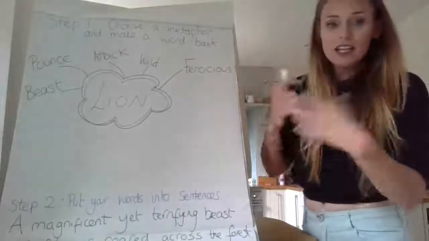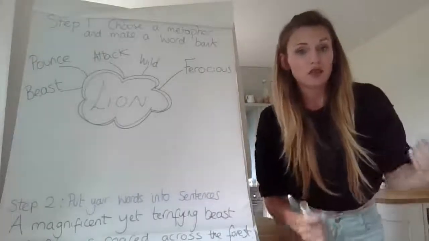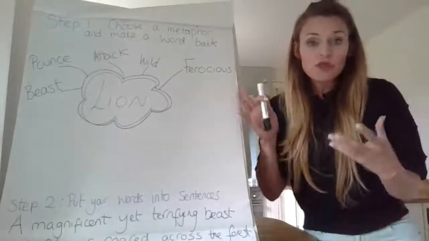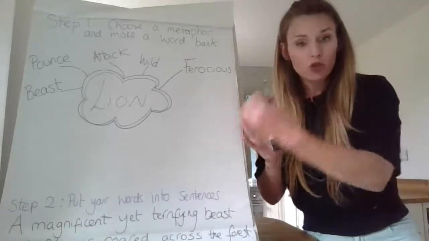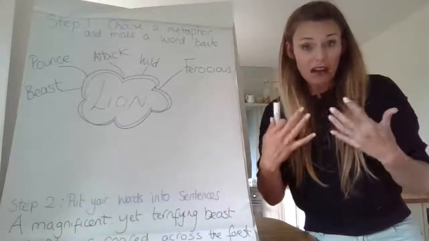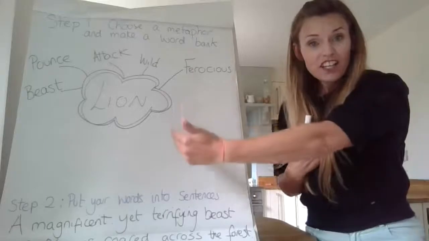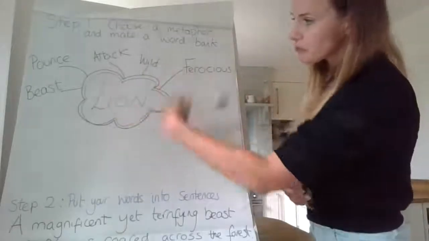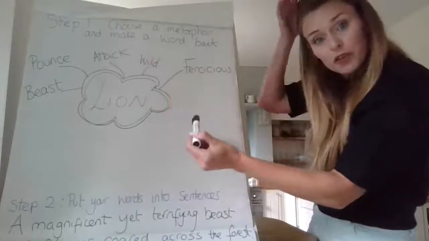So the first step with an extended metaphor is that you have to basically create a word bank. So you want to think about the thing that you want your metaphor to be about. I want to write my metaphor about a fire. I'm going to use the lion to describe my fire. And I've got here a couple of words, which I'm hoping you can see.